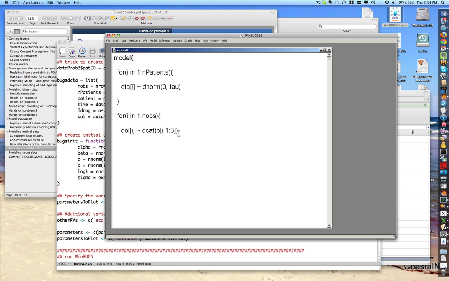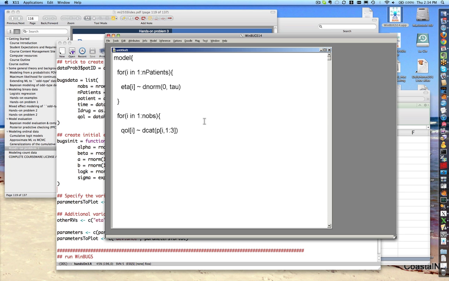Because really what dcat takes as its argument here is a vector of values. We're basically giving it 1 row from a matrix, but that 1 row is interpretable as a vector. Okay, so we got that.